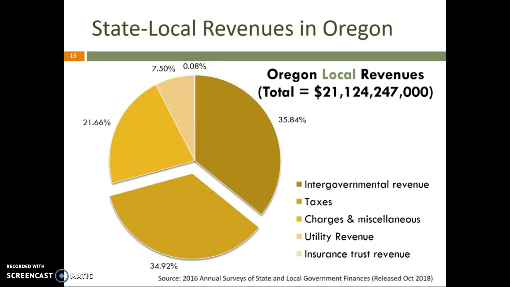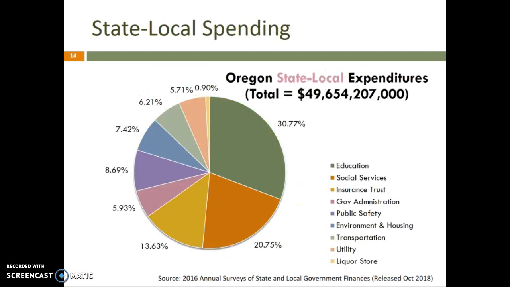So let's move on from the revenue side, which is where we generate all of the money that we need for state and local governments, over to the spending side of things. Here is a chart that shows you the state and local expenditures all combined together. You can still get the separate state or local expenditures in this data set as well.